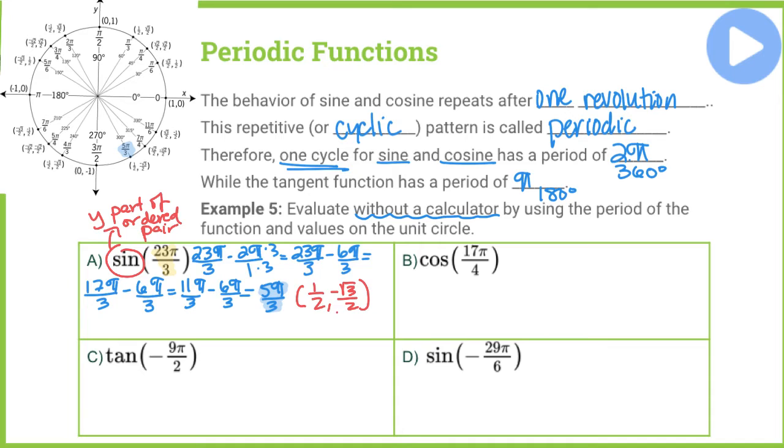So in this ordered pair, the y part is negative square root of 3 over 2. So sine of 23 pi over 3 equals negative square root of 3 over 2, and that is our final answer.